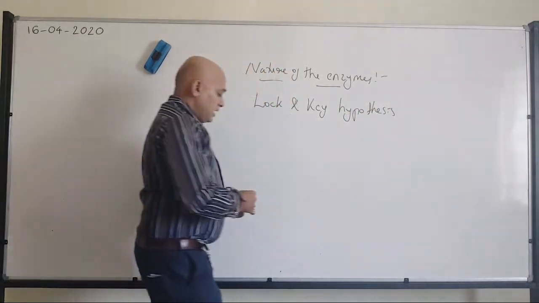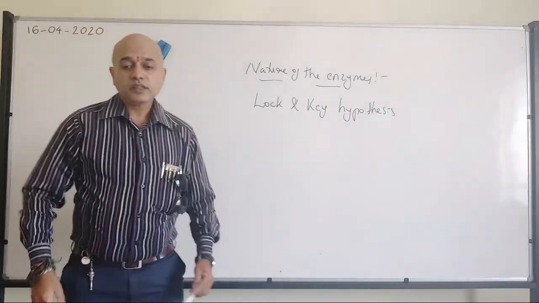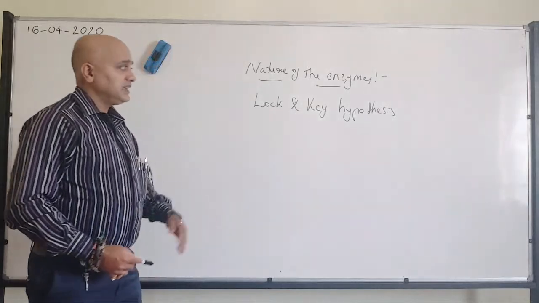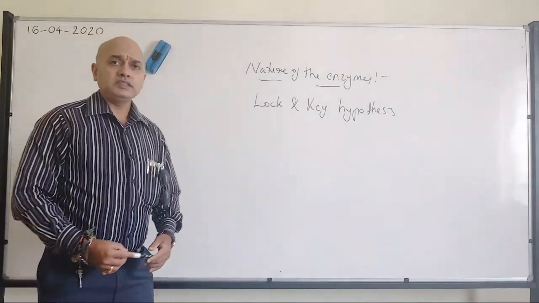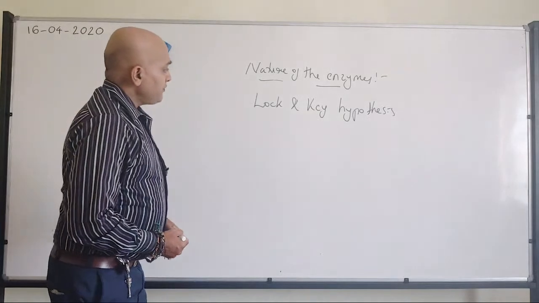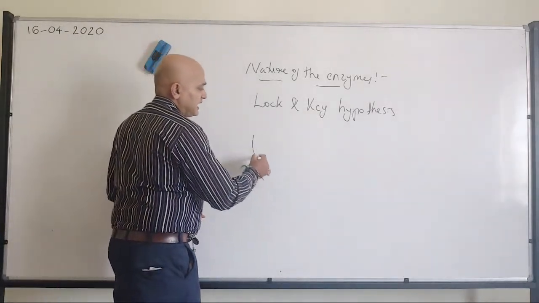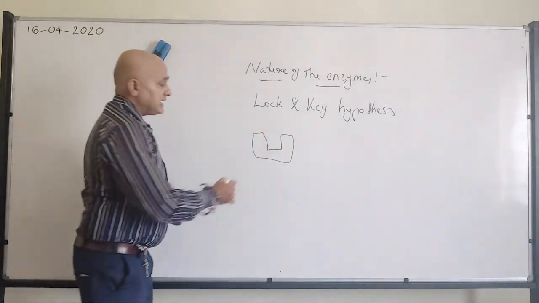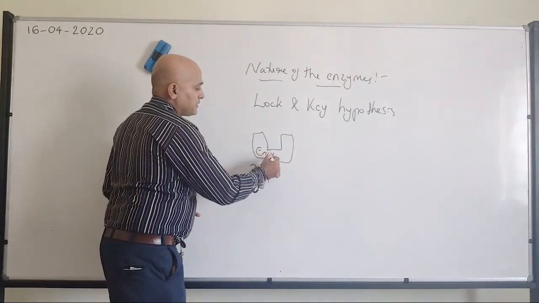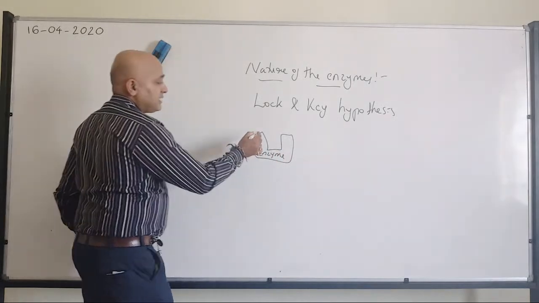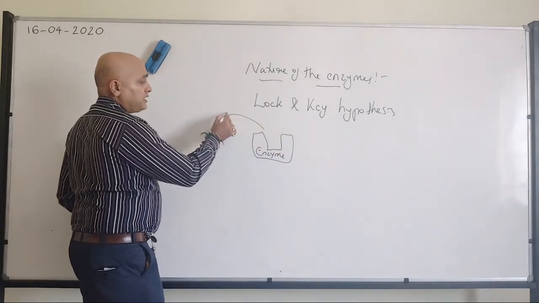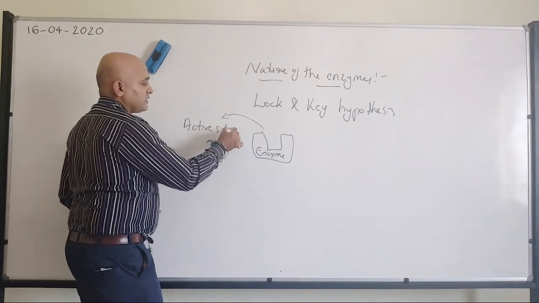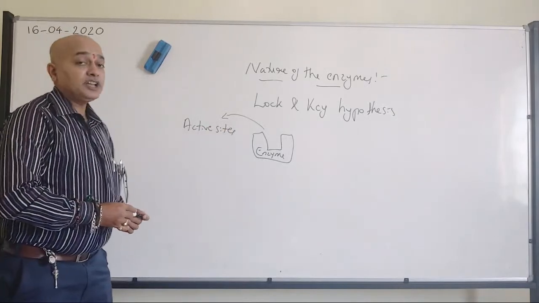Now, when it comes to the lock and key hypothesis, as the name itself suggests, if I take this as an enzyme, enzymes will have one particular pocket type of structure, which is called the active site.